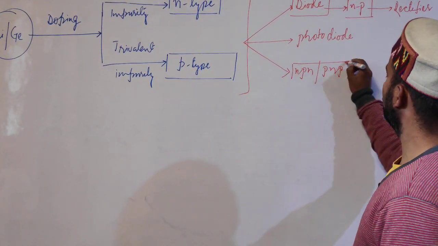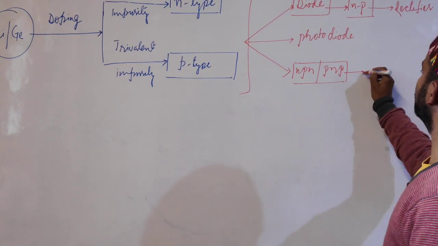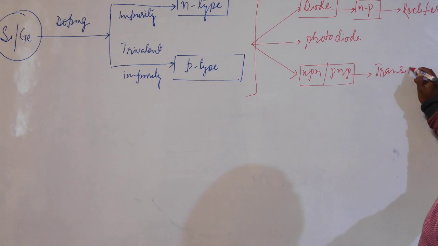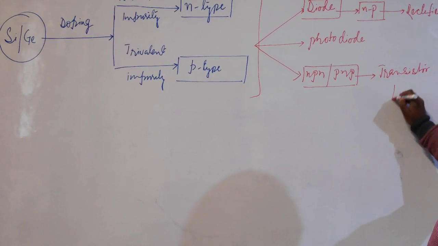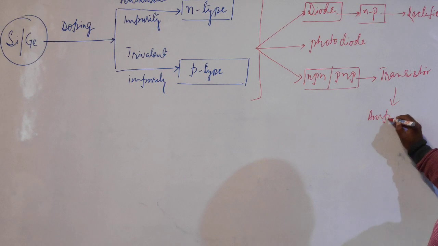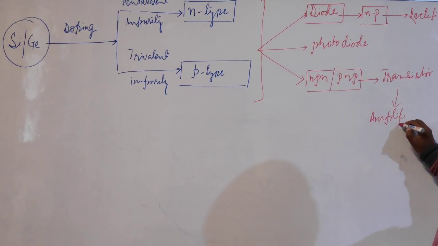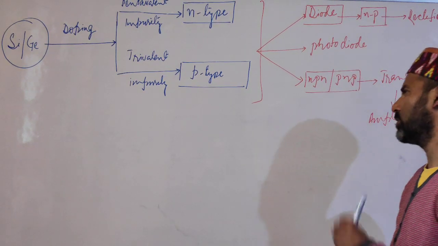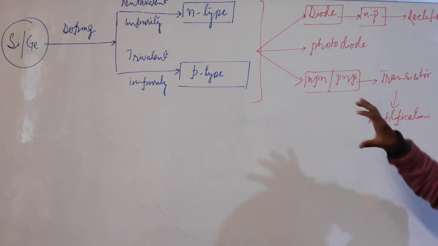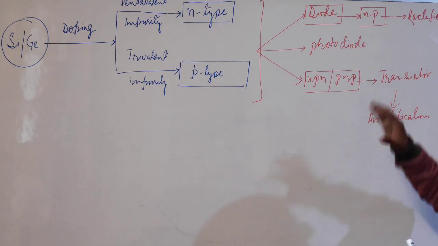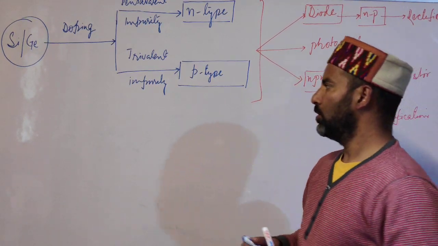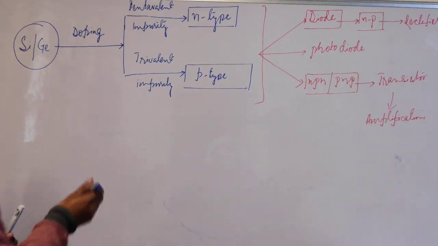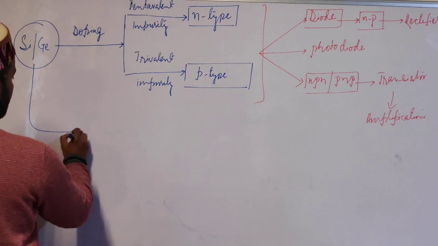These types of substances are used in transistors to amplify signals, say radio signals. So students, these are some uses of semiconductors.